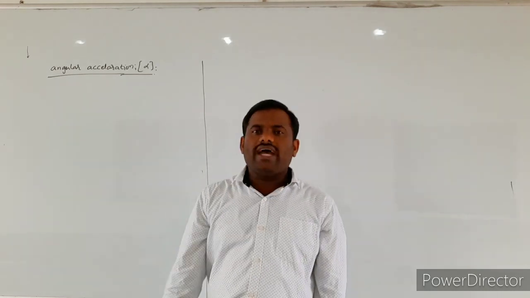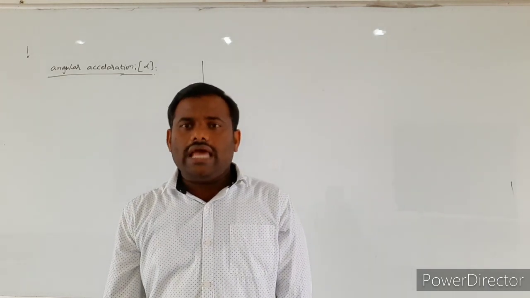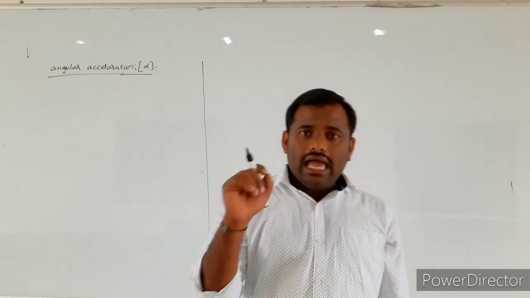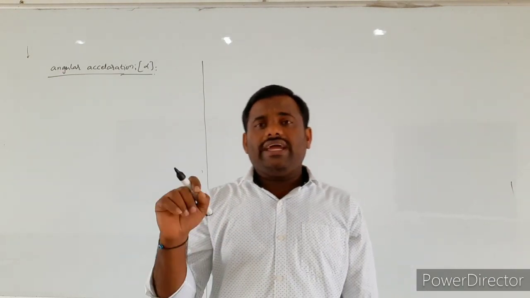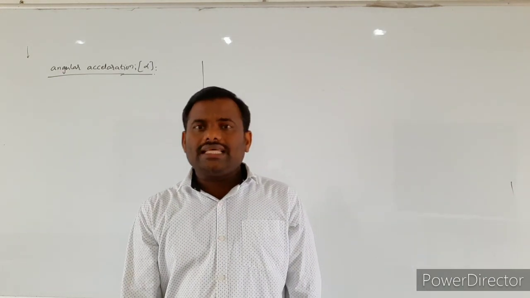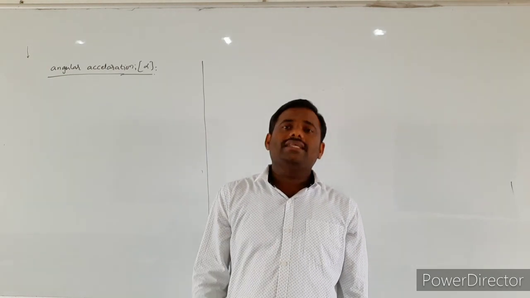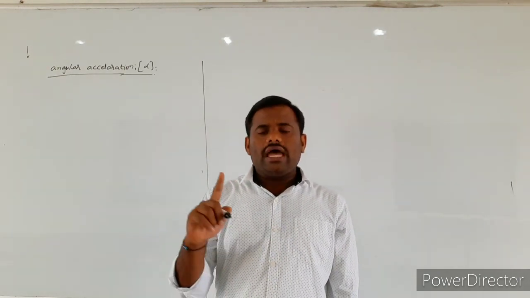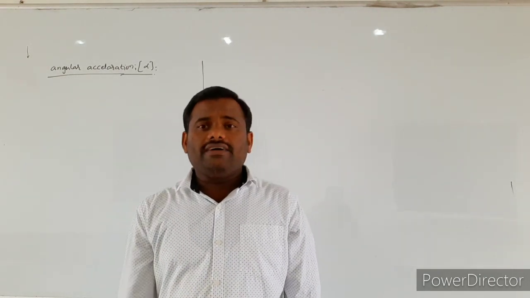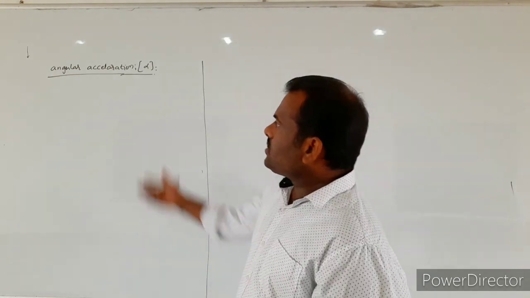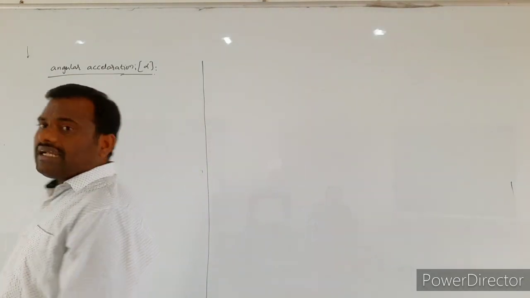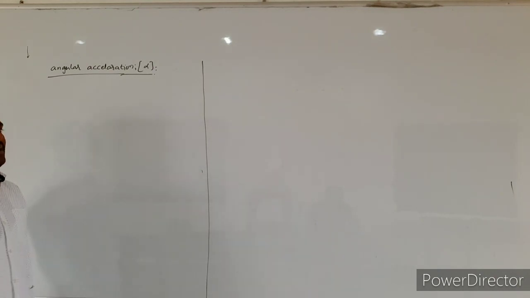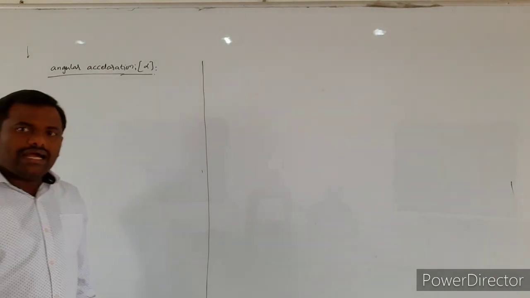Here we are going to define angular acceleration. The angular acceleration is defined as the rate of change of angular velocity. So how can we define here? The rate of change of angular velocity is nothing but angular acceleration.